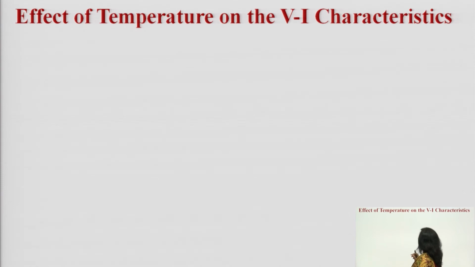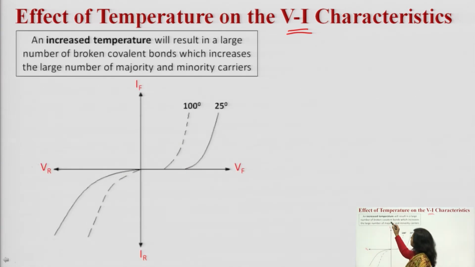Now, what is the effect of temperature on the V-I characteristic? If there is a change in temperature, what is the effect and its behavior? See, an increase in temperature will result in a large number of covalent bonds breaking, and since a large number of covalent bonds will break, a larger number of electrons and holes, minority and majority charge carriers, will be available.